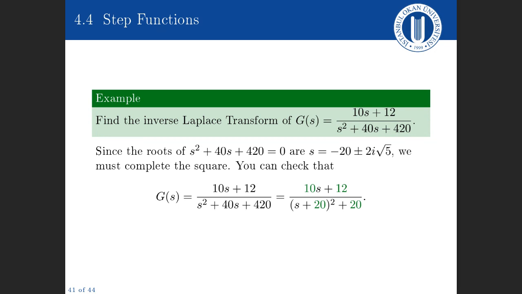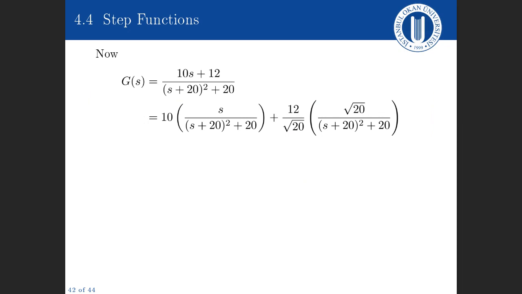We want to find the inverse Laplace transform of this function. So let's split this up into easier functions. I split this up into 10s over s plus 20 squared plus 20, plus 12 over root 20 over s plus 20 squared plus 20. Why did I keep the root 20 here? Because I want it to be the square root of what I have on the bottom.